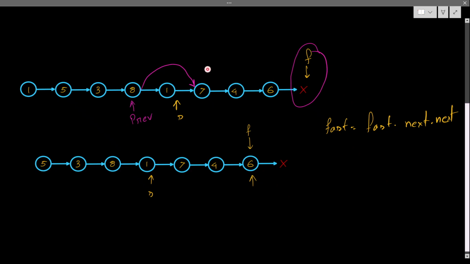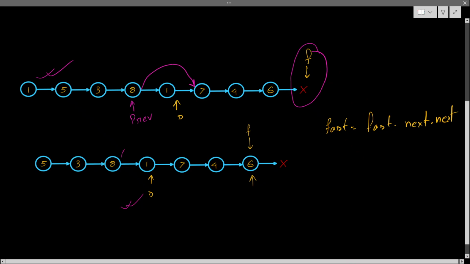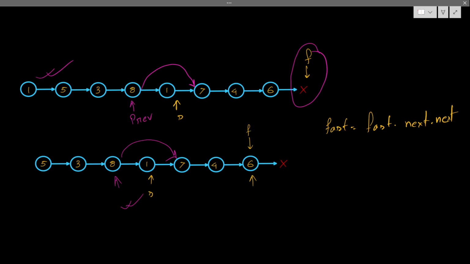Okay. Now what do I have to do for the deletion? After deletion, for the even case, this 8 should point to the 7. And for the odd case as well, this 8 should point to the 7. So how could I get this 8? This is a singly linked list. If it were a doubly linked list, I could simply go to the previous and put in the next. Not there.